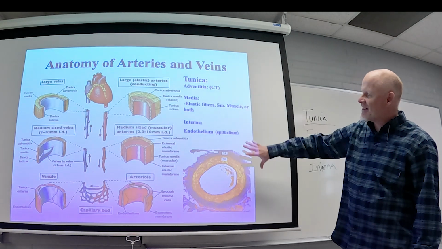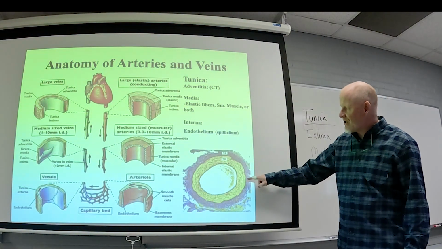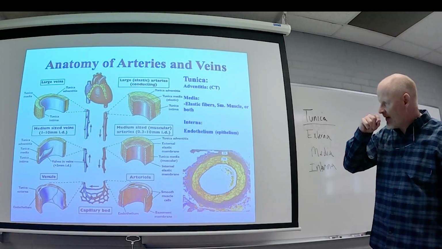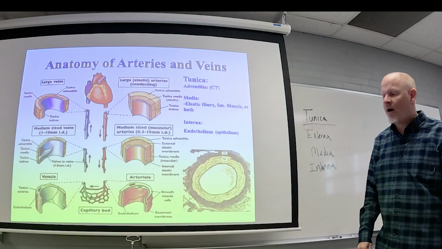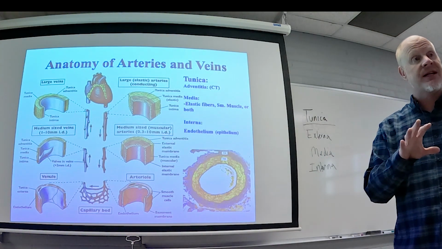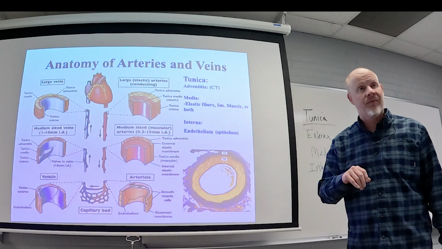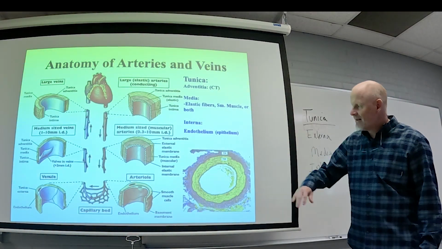All right, so this is a nice picture of that. This is a cool image here. This is a picture of the aorta of a mouse, so it's small. And the yellow stain is a specific stain for elastic fibers, and so you can see the whole media is elastic there, right?